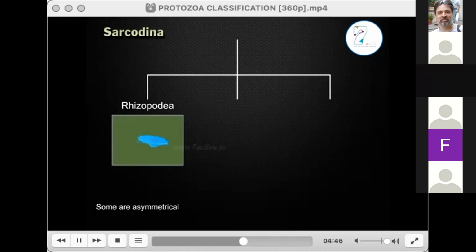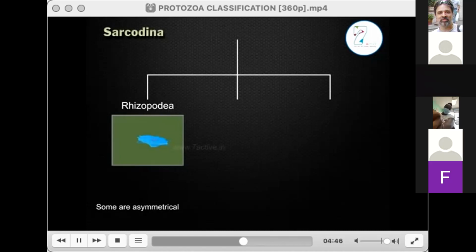Class 3, Actinopodia. This includes Heliozoa, Radiolaria, and Acantharia. Marine forms are Radiolarians and Acantharians. Marine and freshwater forms are Heliozoa. Pseudopodia are in the form of axopodia.